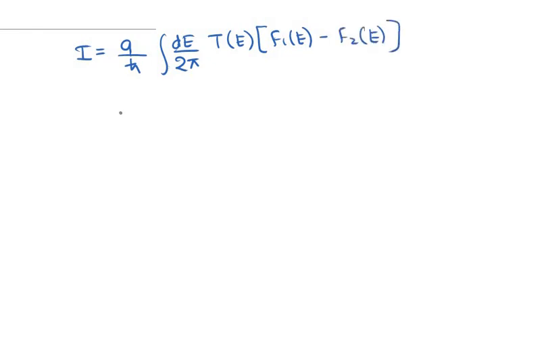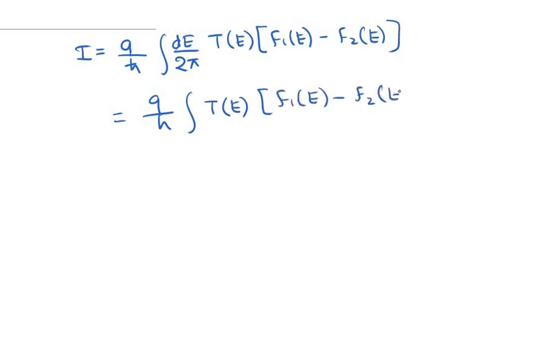Then this 2 pi times h bar is equal to h, so Q by h integral of TE, F1E minus F2E, dE, and this is basically Landauer's formulation. So we will not move into more details here, because we don't have much time left, and I think the course has got a bit complicated towards the end.